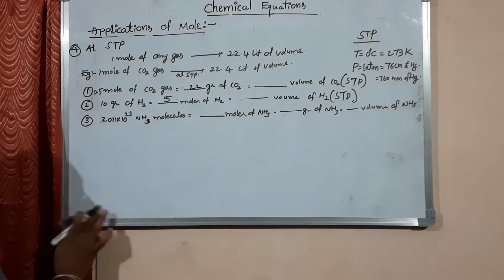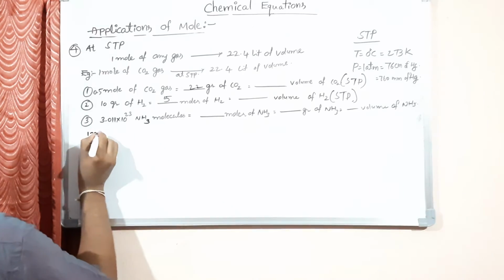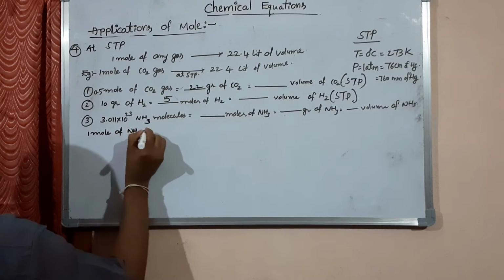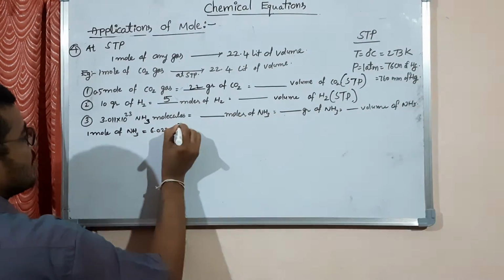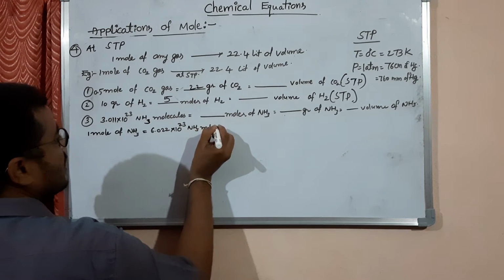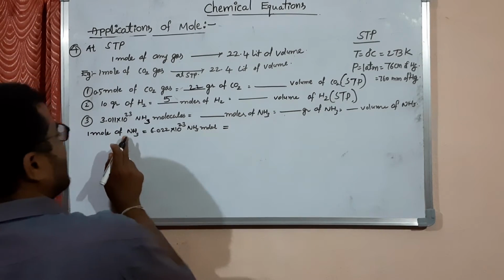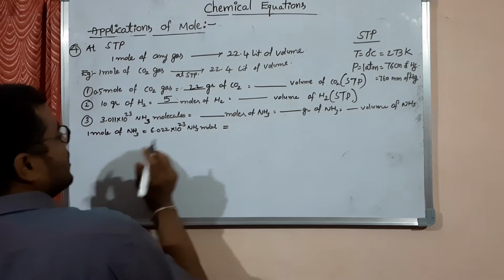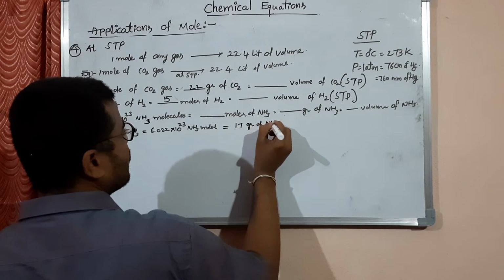See here, I am writing the basic data again. 1 mole of ammonia is equal to 6.022 into 10 to the power of 23 ammonia molecules, that is equal to, ammonia means what here? 1 nitrogen, 3 hydrogens. 1 nitrogen for 14, 3 hydrogens for 3 into 1, total 17. 17 grams of ammonia.